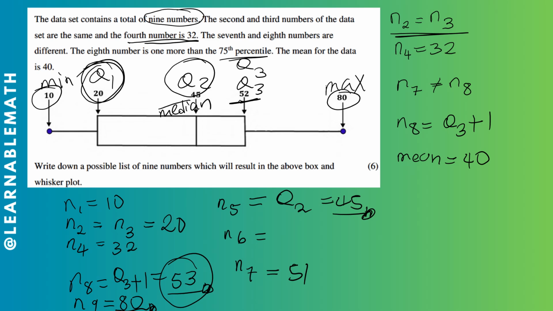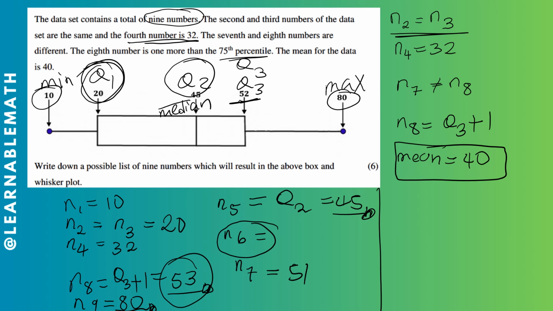Now you can see that we are only left with number 6. We have found all the data values: number 1, number 2, number 3, number 4, number 5, 7, 8, and 9. We are only left with number 6, and the only statement we haven't used is the mean. How do we get the mean? The mean is the average.